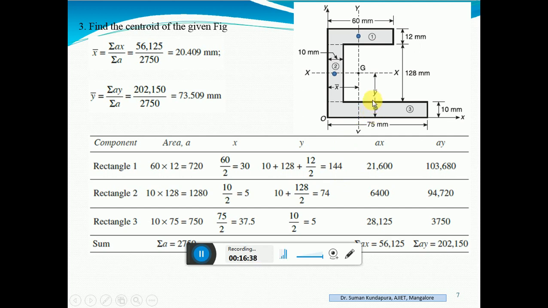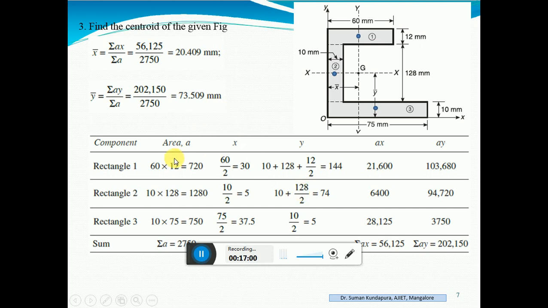Next one, 10 plus 128 by 2, this point you get 74. The next value, the y distance is 10 divided by 2, so it is 5. Okay, so you have found out x, you have found out y.